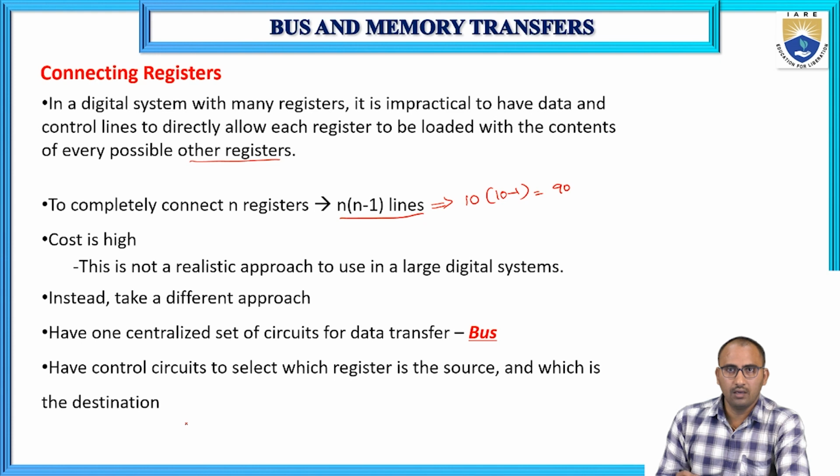If the number is more than 10, it is very difficult to design to connect registers directly with each other. If the number of connecting wires increases, then the cost also increases, because the cost is directly proportional to the number of connecting wires.